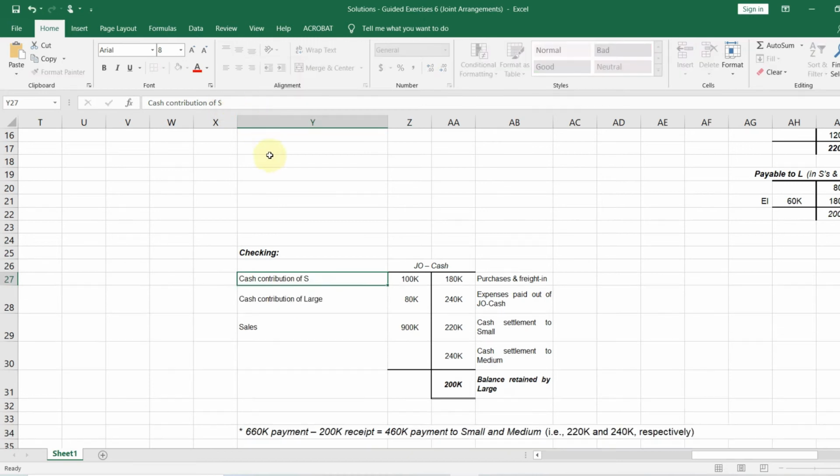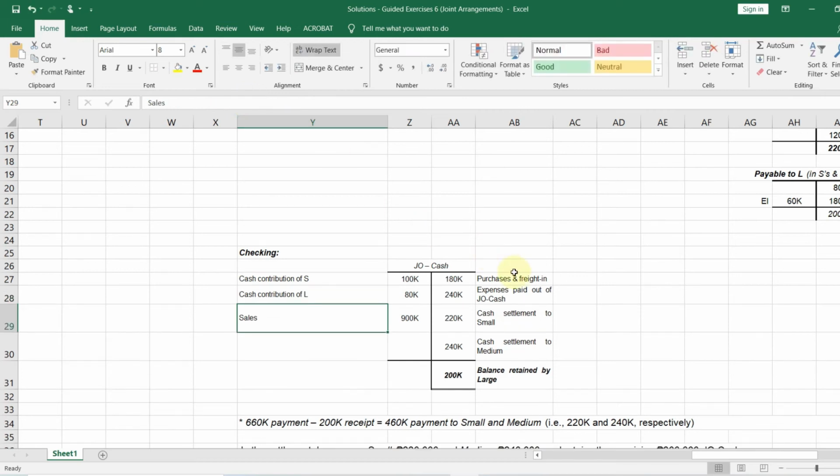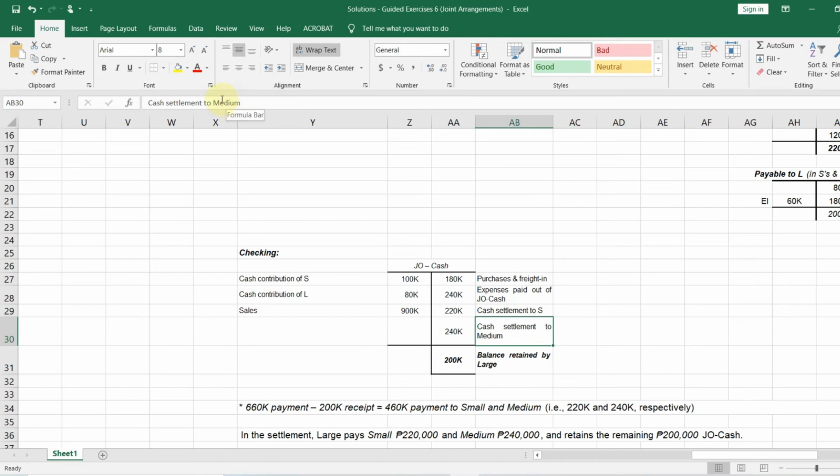And then, cash contribution of L, yan. Then, we have sales of 900,000. Then, on the credit side, purchases of freight in, expenses paid out of JO. We have cash settlement of S, and then cash settlement of M.